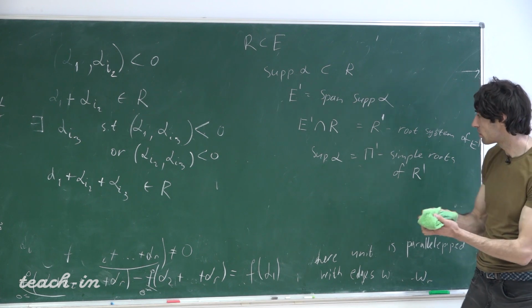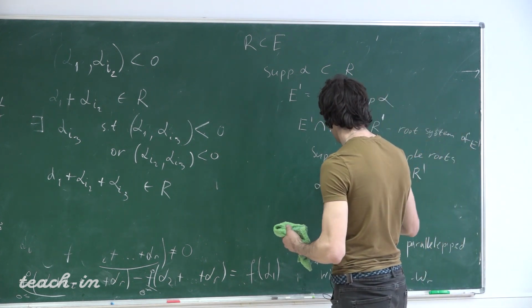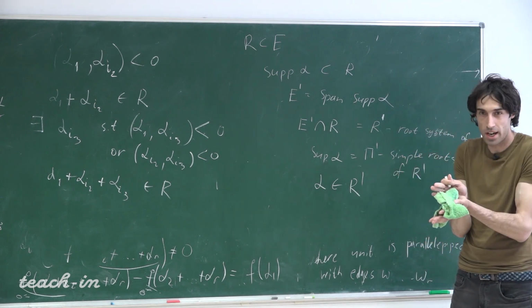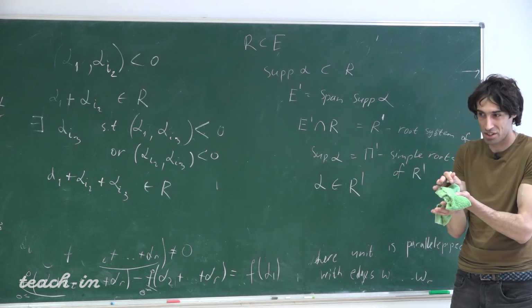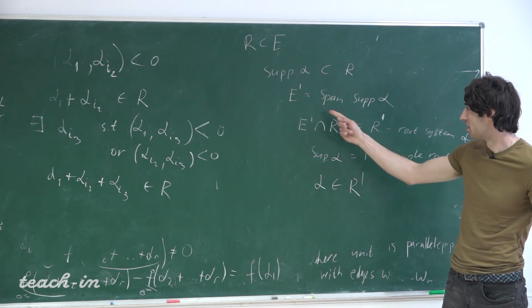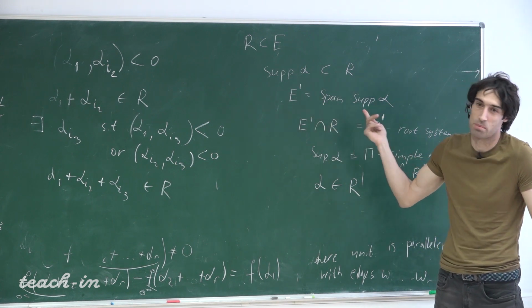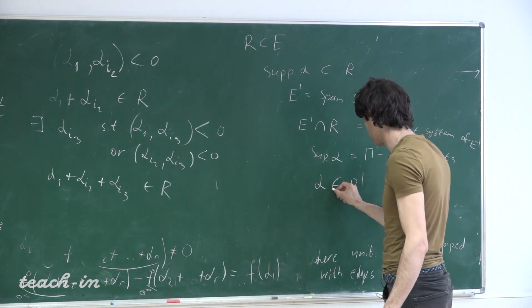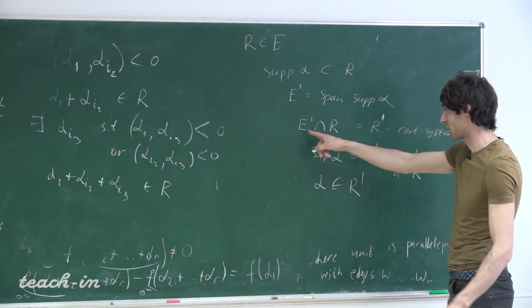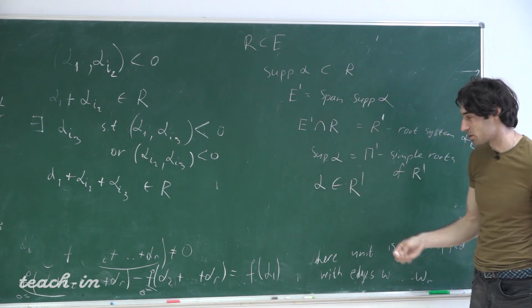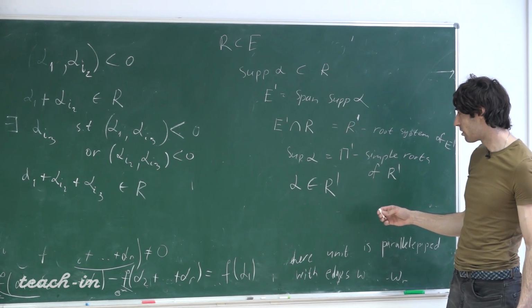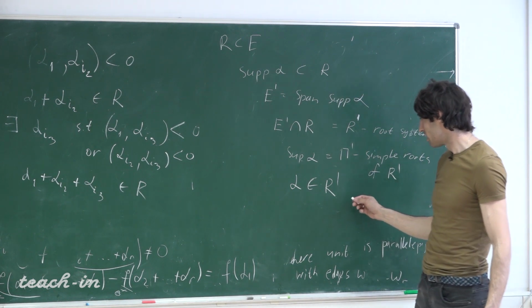And moreover, this alpha is inside R prime, because it is in E prime, right? It is a real linear combination of its support, right? And R prime is by definition the intersection of E prime and R. So alpha is inside here.